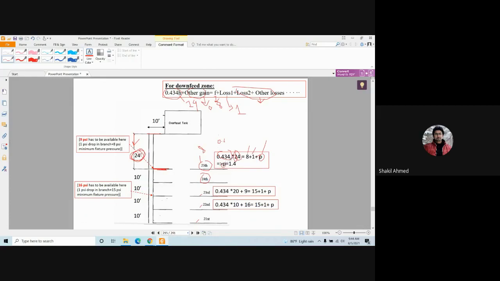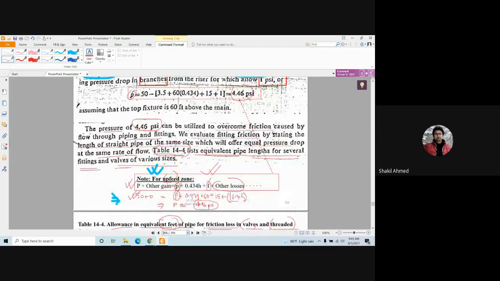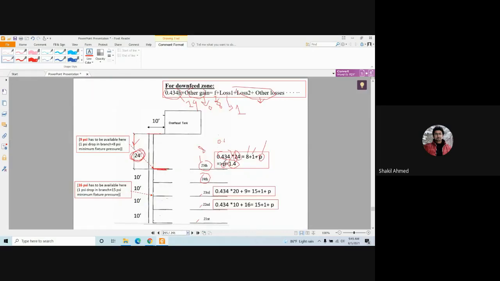This is exactly similar to the way you calculated P in the upfeed zone by the formula. Similarly, in the downfeed zone, we are estimating the small p from the formula.